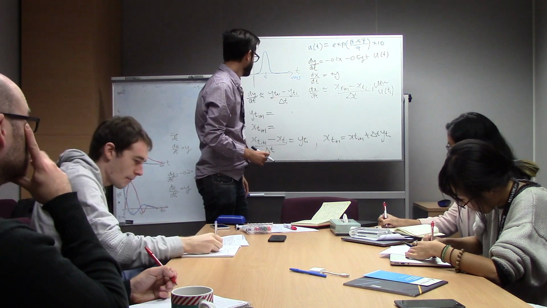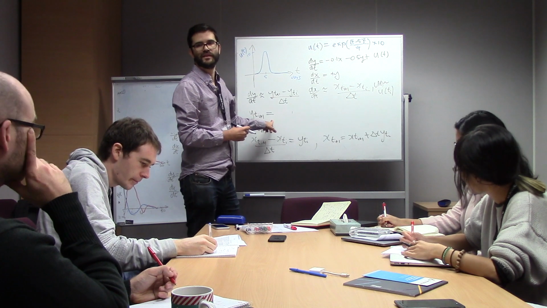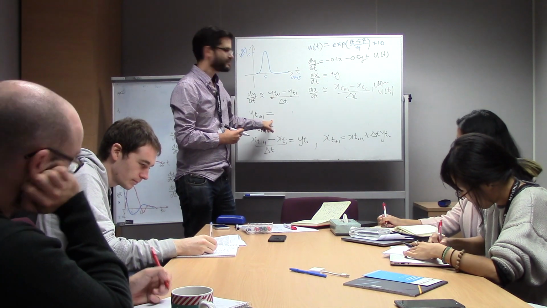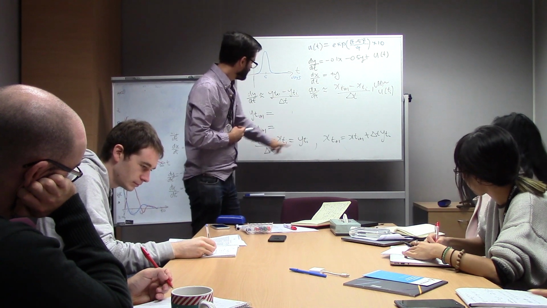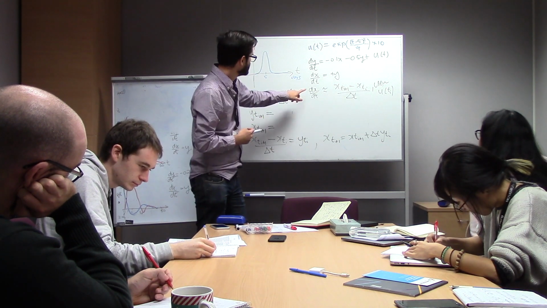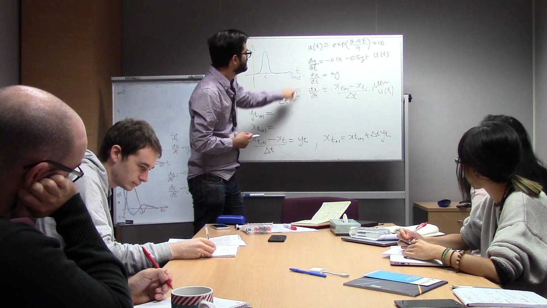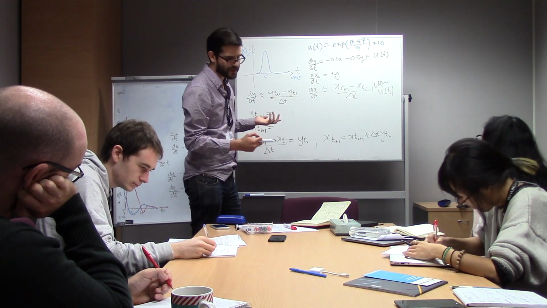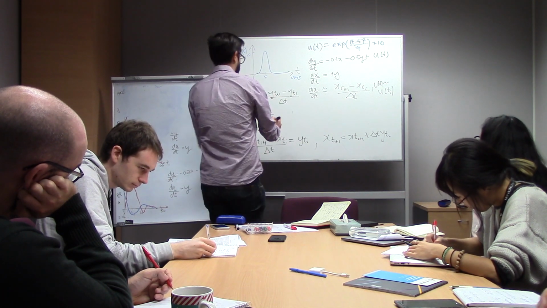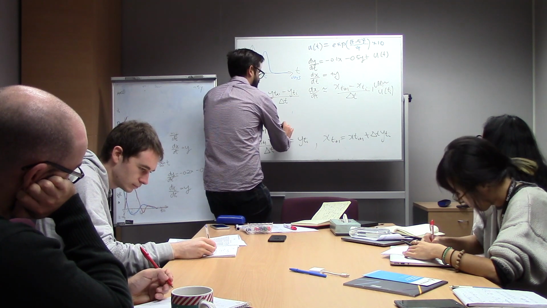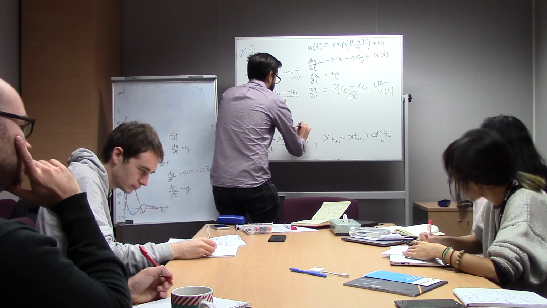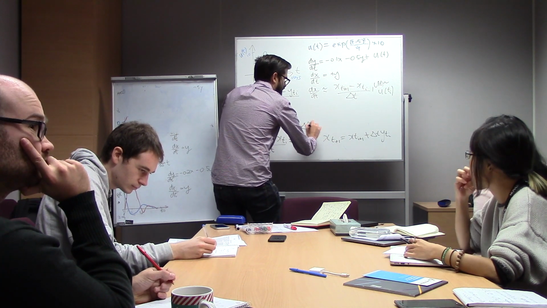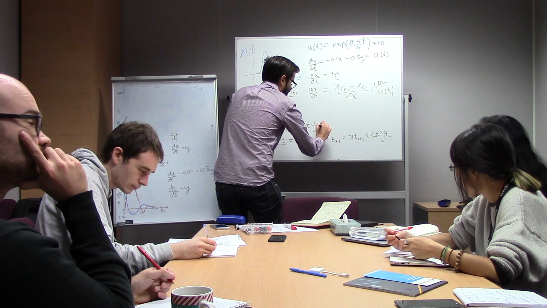Does anyone have anything for this yet? We can go through it together as well. We do the same thing: we substitute this term here into this equation here, do some algebra, and end up with the following. It equals x of t_i plus delta t y of t_i.